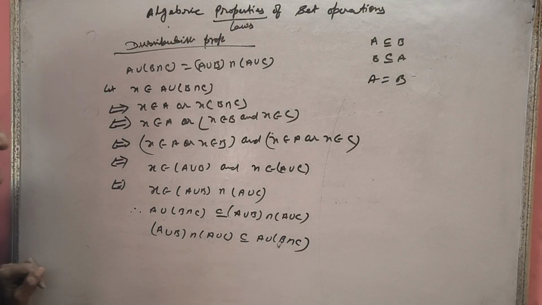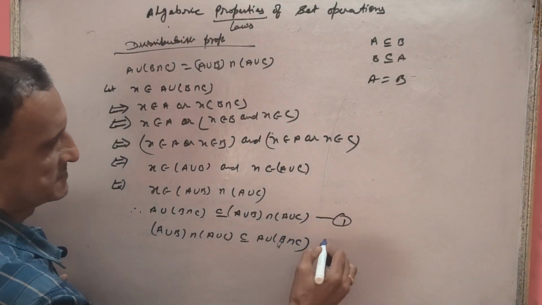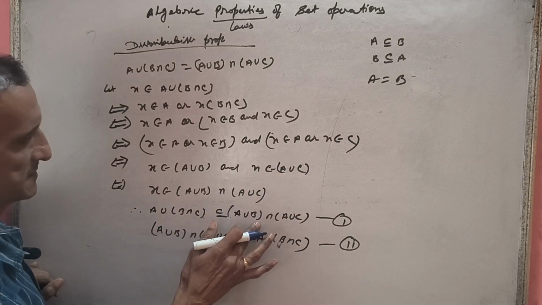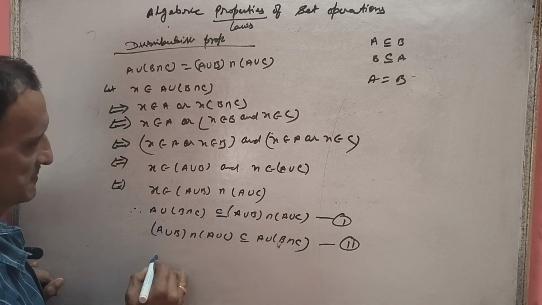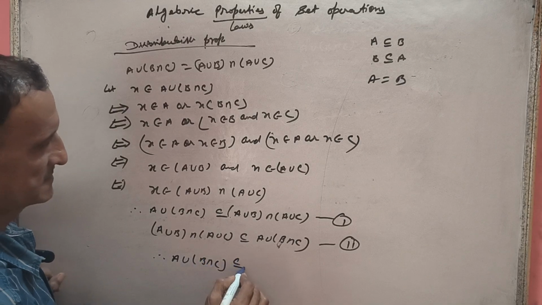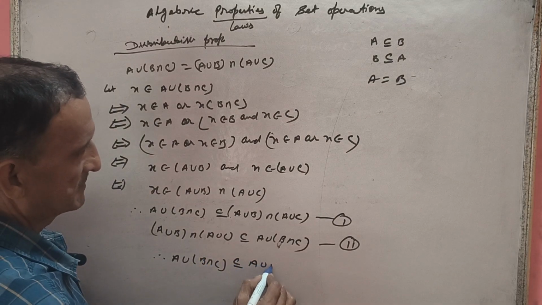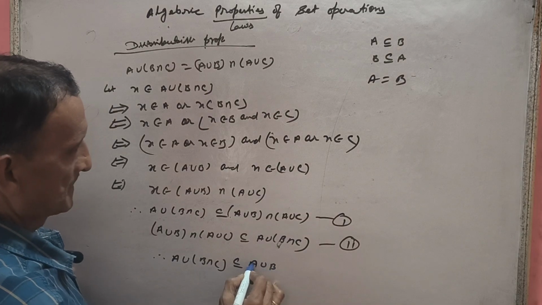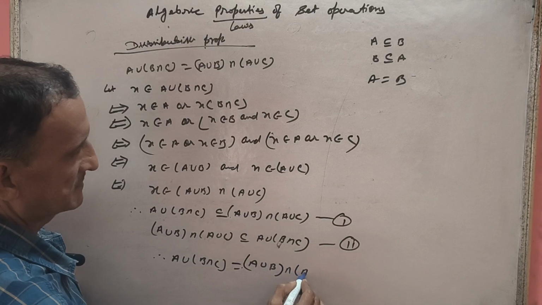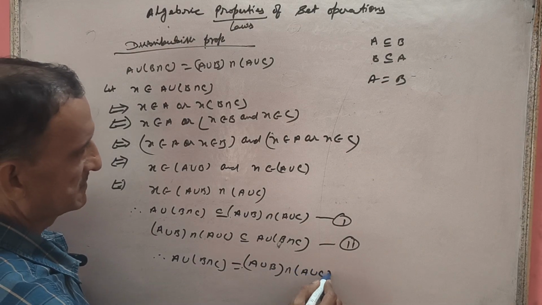See, suppose this is 1, this is 2. From 1 and 2, this is a subset of this, and this is a subset of this. What do we get? A union (B intersection C) is equal to (A union B) intersection (A union C).